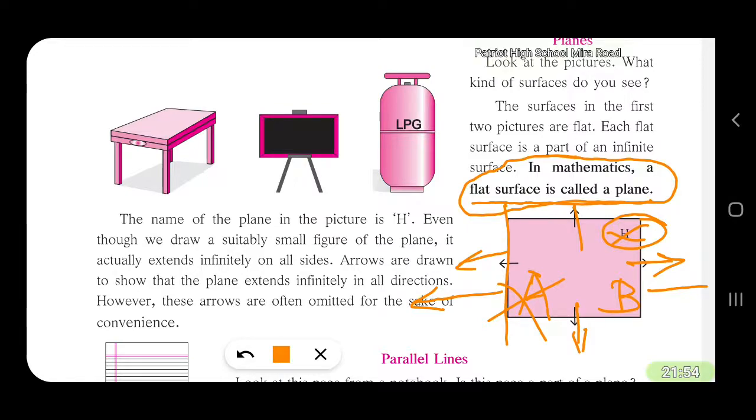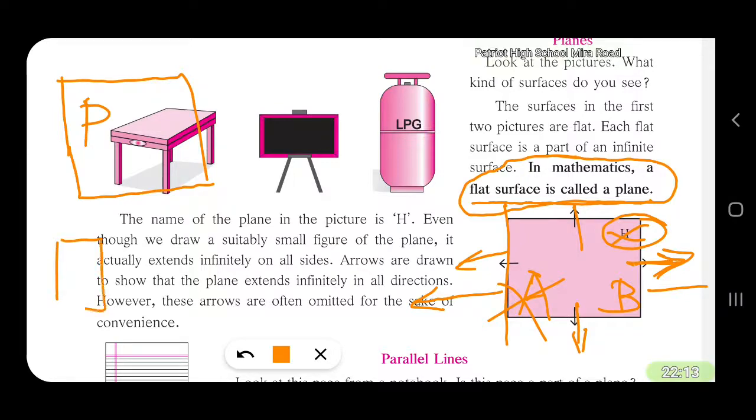We cannot go on showing these arrows, but when we just draw a rectangle or a square, it means that it is a plane. You name it P, then it is plane P. Or you have another plane B.